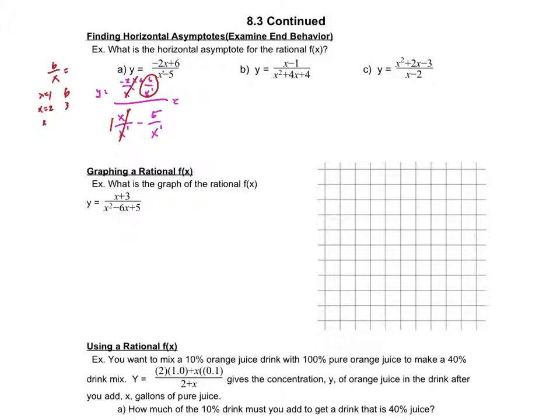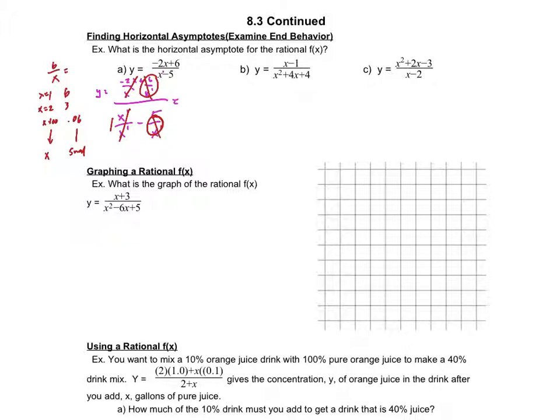If x is equal to 100, then I have 0.06. So as we see that x is getting larger, my value is getting smaller, right? So eventually the number would look like a 0. So this becomes 0, this becomes 0.